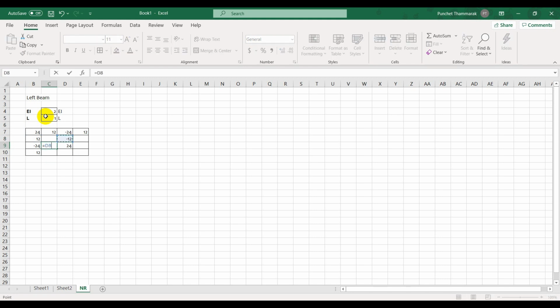Then 4 and 2: 4 times EI over L equals to this, and 2 times EI over L, and that is going to be this one, and here this one.